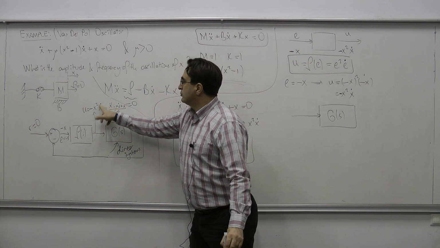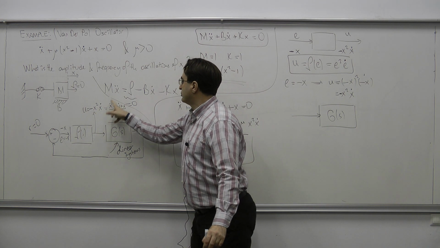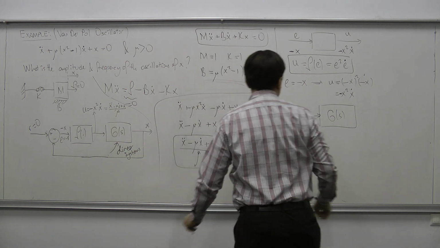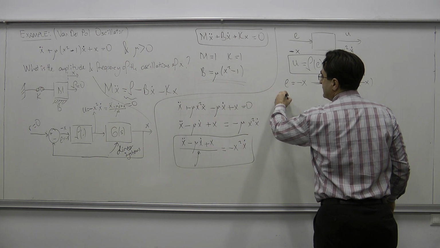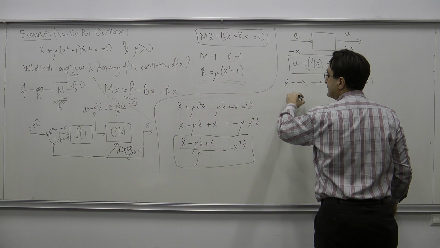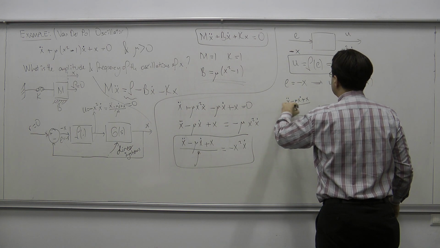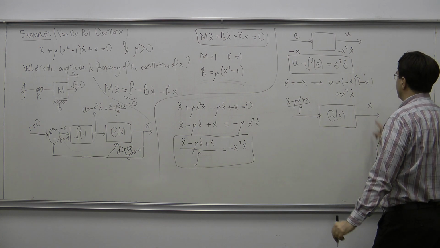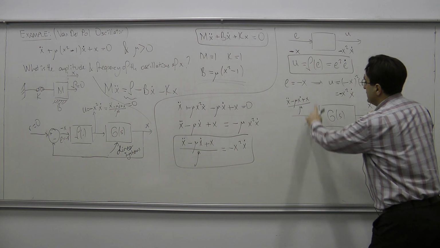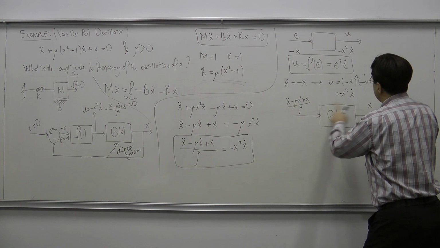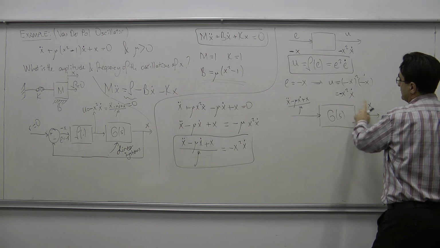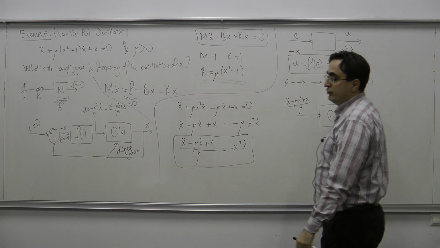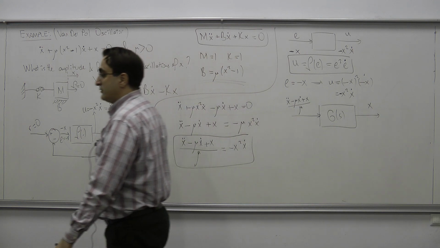I really do not want to use this one. I know that this is equal to this linear term. Okay? So x double dot minus mu x dot plus x over mu. This G has to convert this signal into X. It needs to take this signal as input and it needs to convert this into X. So what should be my G of S? That is our question.